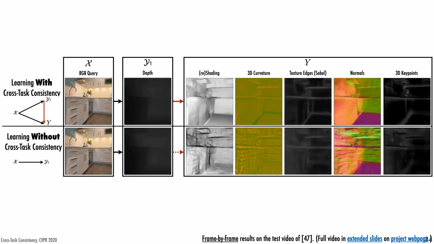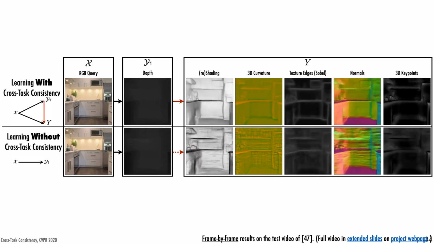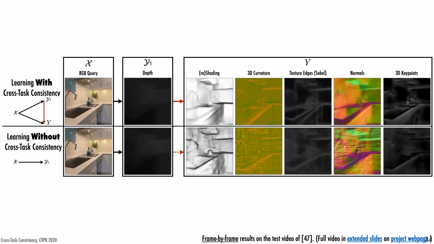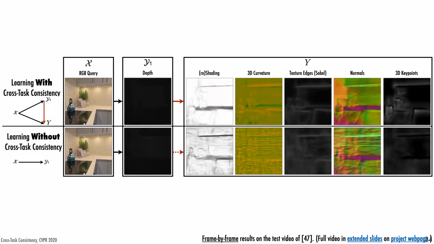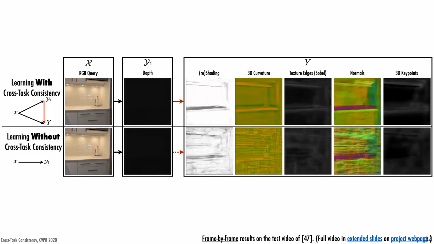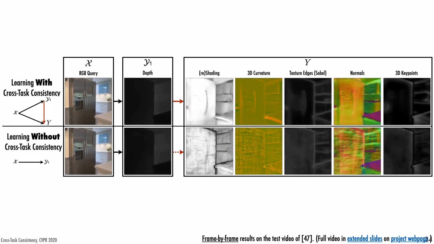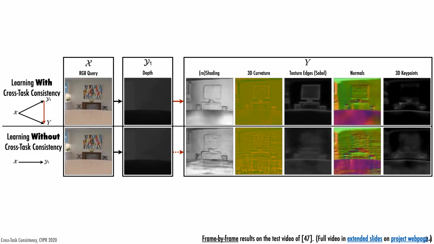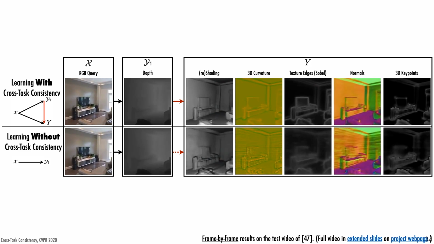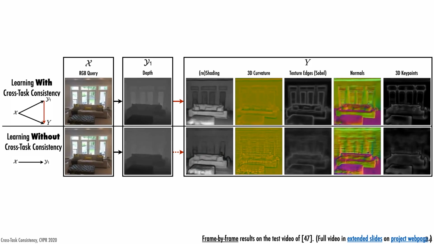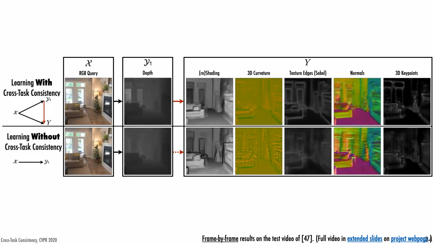And again, pay attention to the Y domains. You can see that the results improve significantly in terms of those that you project onto, but also the depth itself improves. So if you pay attention to the fine-grained details, you can see that the depth with cross-task consistency actually recovers more fine-grained details and so on.